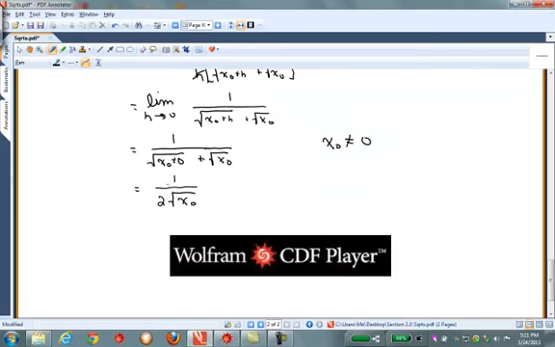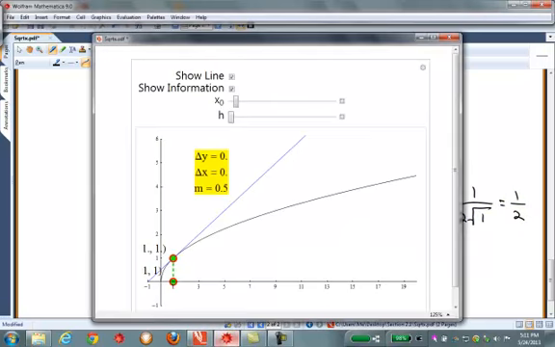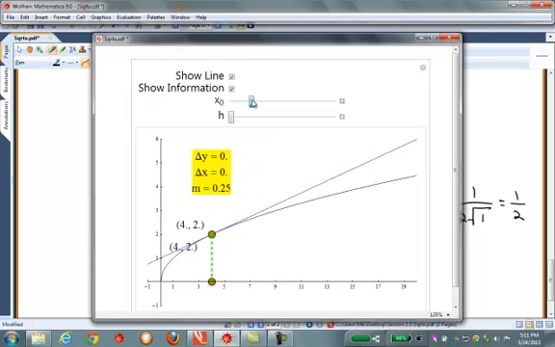Well, if x0 is equal to 1, that implies that the slope of our tangent line is equal to 1 over 2 times the square root of 1, which is 1/2. And so that does work. Now if I let x0 be say 4, I'll try to get it to 4 without too much trouble.